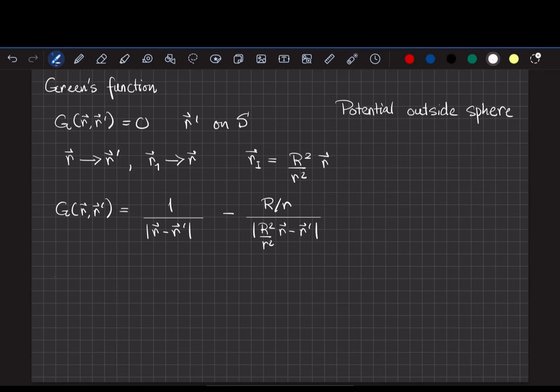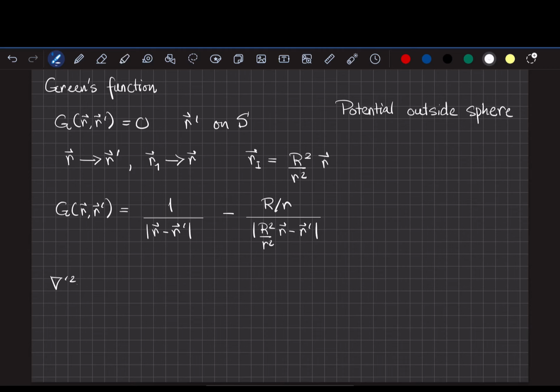But we also need to see if our Green's function satisfies the other condition, that its Laplacian is given by minus 4 pi delta r minus r prime. So this condition must also be satisfied. Let's see if our Green's function satisfies this.